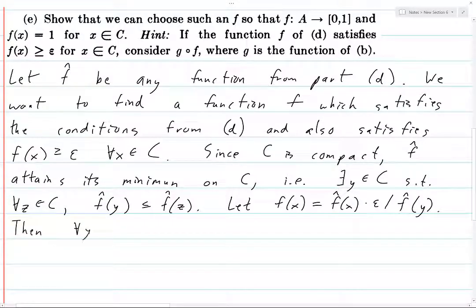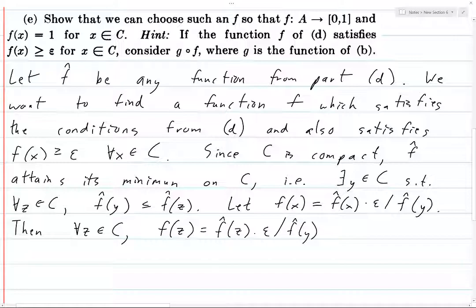Then for all z in C, what happens when you evaluate f of z? Well, this is going to be f hat of z times epsilon over f hat of y.